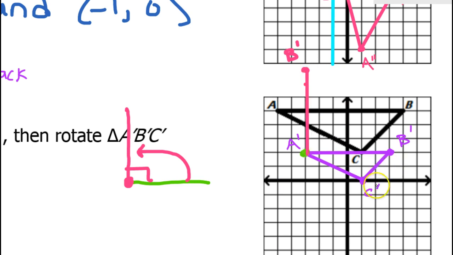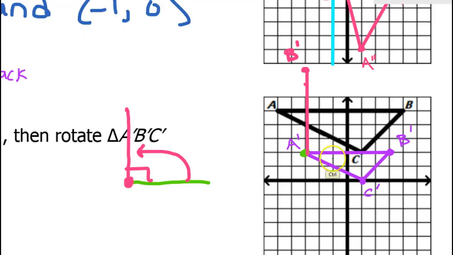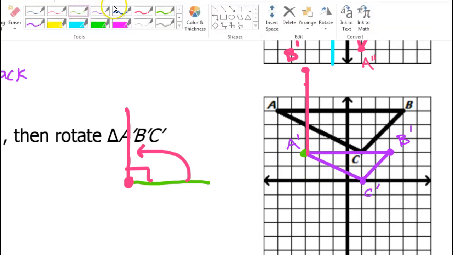All right, now point C is going to be a little bit trickier, but that's really the last thing I'm going to have to do. All right, here's how I'm going to get point C. Let's look at the path again. So from the center of rotation, which is this green dot right here, let's think about how I would get to point C. And I'm going to make a big L out of it.